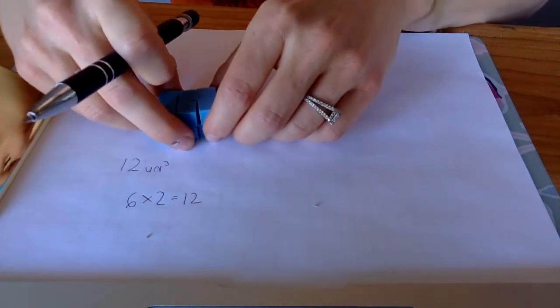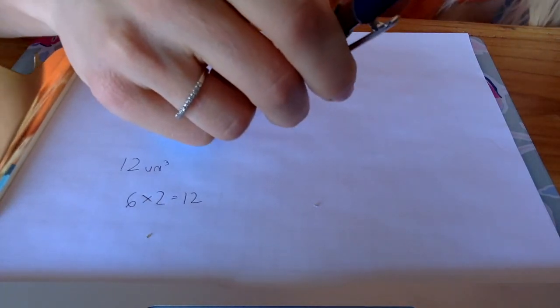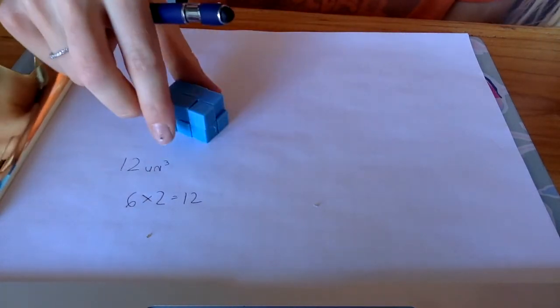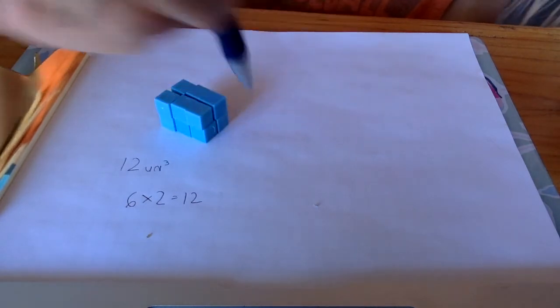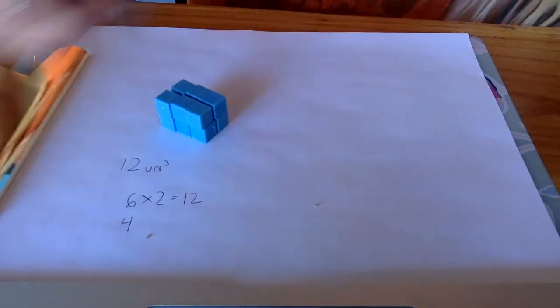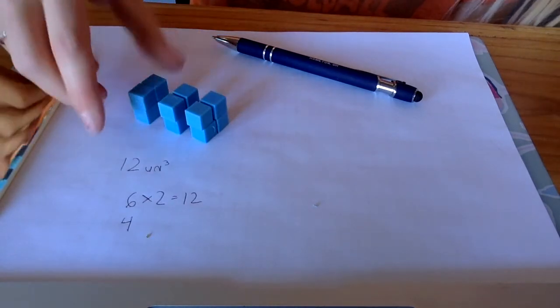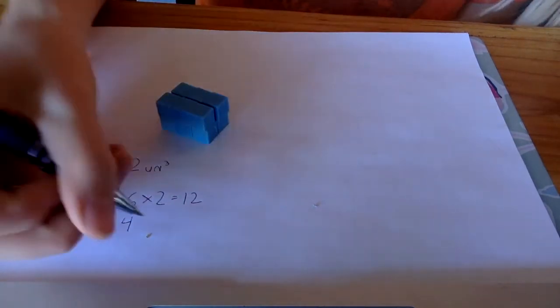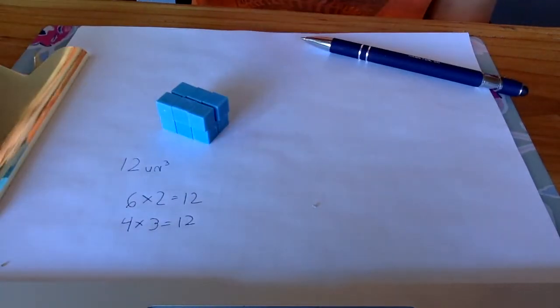If I'm looking here, I can see this whole side, right? I can see that it has 1, 2, 3, 4 blocks. So I can see 4 blocks this way, and then 1, 2, 3 sets of 4. So I can do 4 times 3, and that would also give me the correct volume of 12.